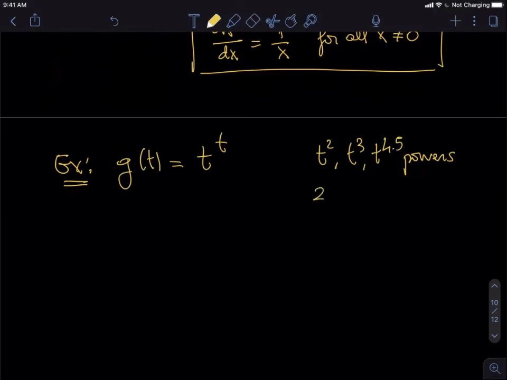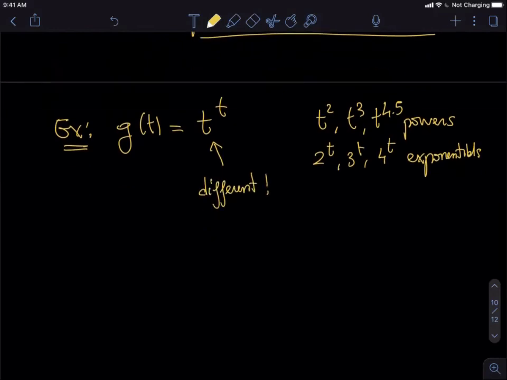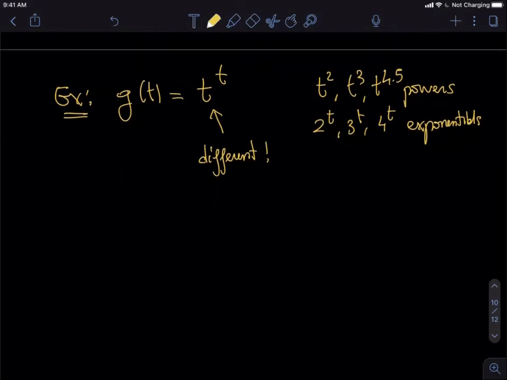And we have seen also exponentials like 2 to the t, 3 to the t, 4 to the t. These are exponentials. But t to the power t, this is different. So how do we handle this? We don't have a formula for this yet.